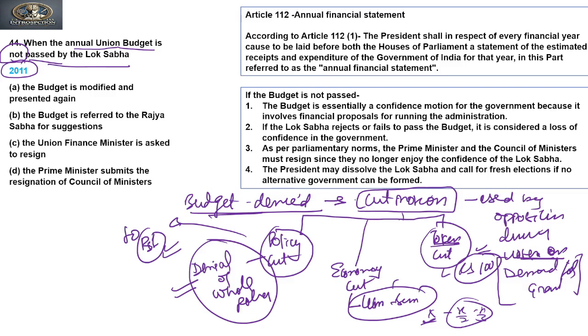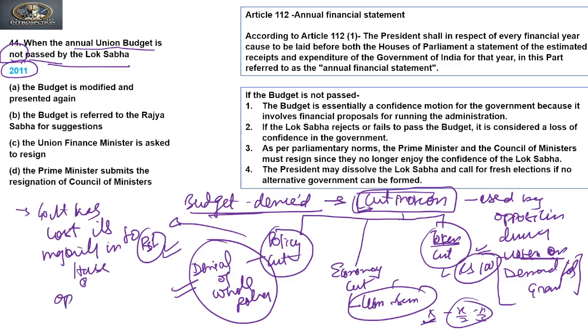But if the cut motion is passed, what does it mean? It means that the government has lost its majority in the house, and the opposition has gained majority.